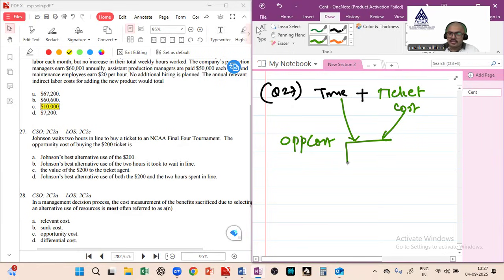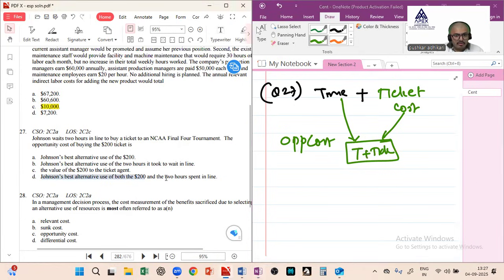So the opportunity cost will take into consideration both the time plus the ticket. The best alternative for both the $200 and the 2 hours spent in line is going to be considered here, because you have a cost for both the time that you spend and the ticket that you spent $200 on. I hope you understand. Yes or no? Please tell me that.